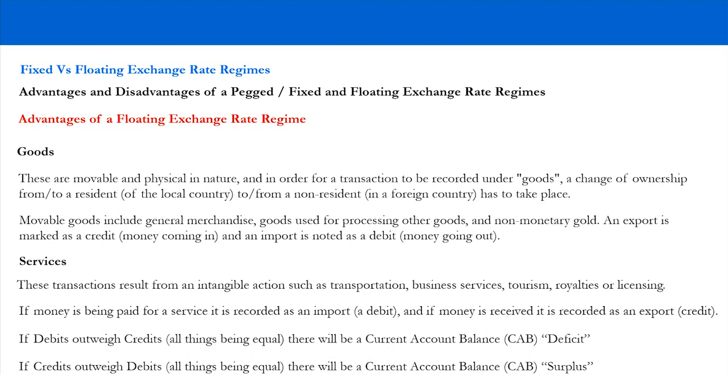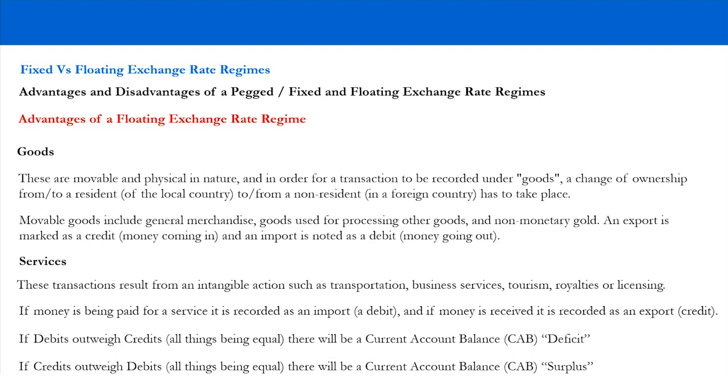If money's being paid for a service from outside, it's recorded as an import, so a debit, in the same way as a good that's being imported is noted as a debit. And if money is received, it is recorded as an export in exactly the same way as goods are.